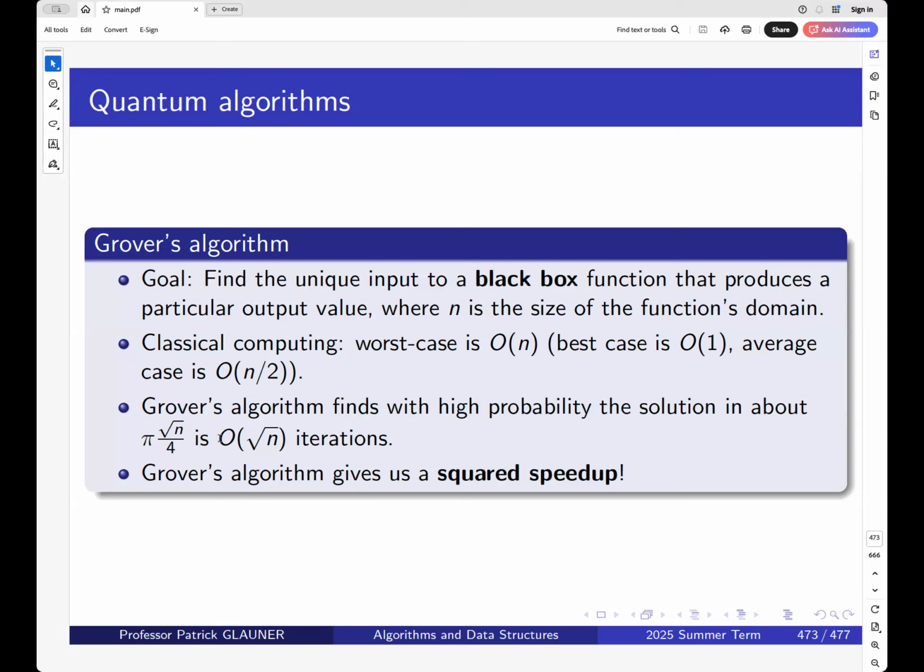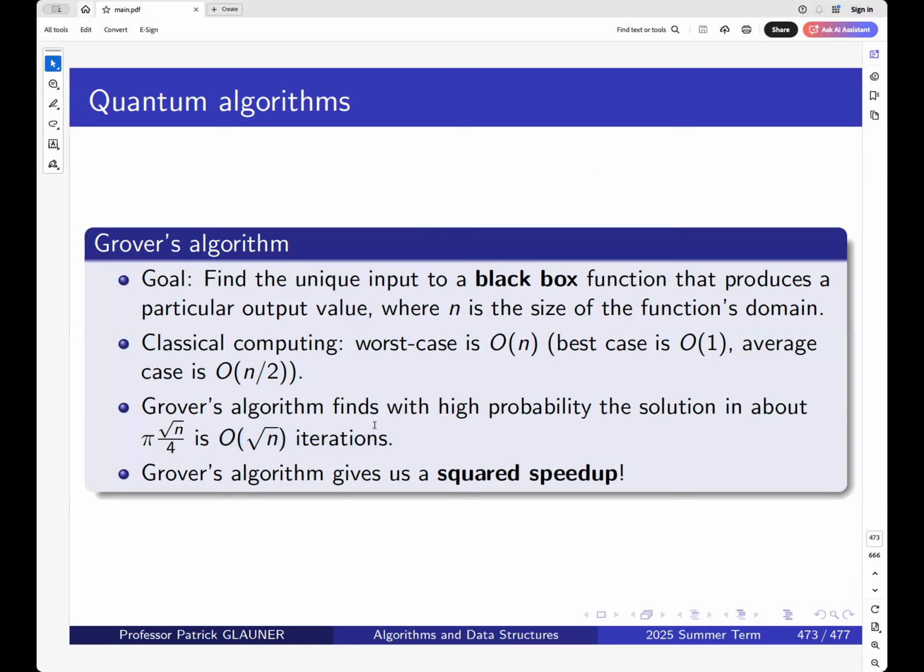Using a quantum computer and Grover's algorithm, I am able to do black box search in O of square root of n. If you feel this is impressive, send some reaction, maybe some positive reaction if this surprises you that this is possible. And it's super interesting that this is possible using a quantum computer.